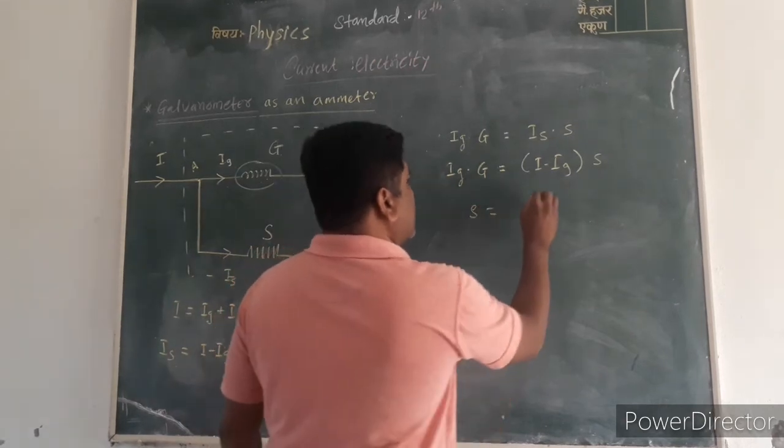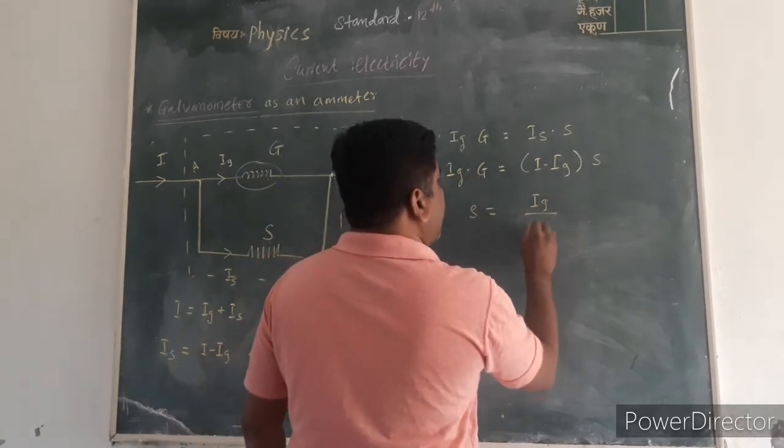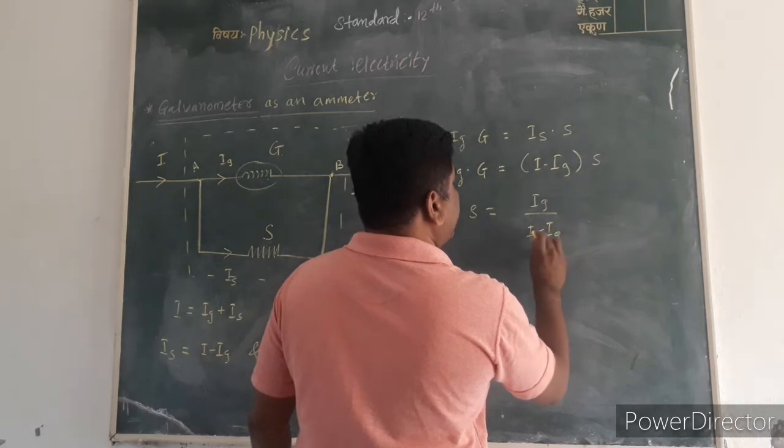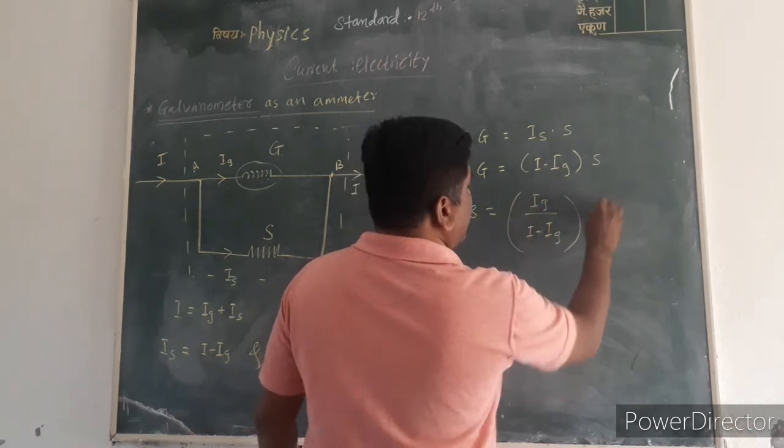S is equal to Ig divided by I minus Ig into G.